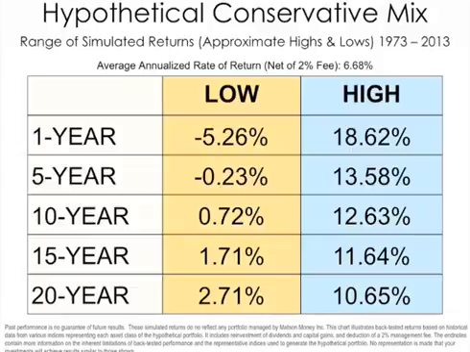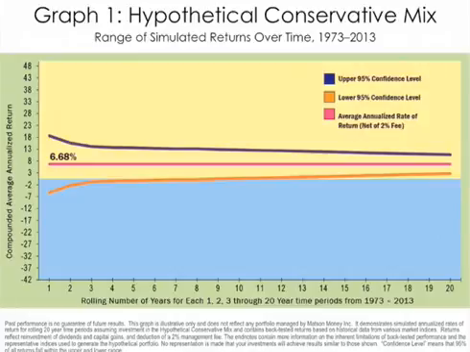Let me back up here for a second, go back to the hypothetical conservative mix. So the goal is to stay disciplined, right? Because if you stay disciplined, then we can see that the variability of the annualized rate of return, or in other words, that fluctuation between the upper and lower confidence level, dramatically drops over a 20-year period, and the lines begin to converge.